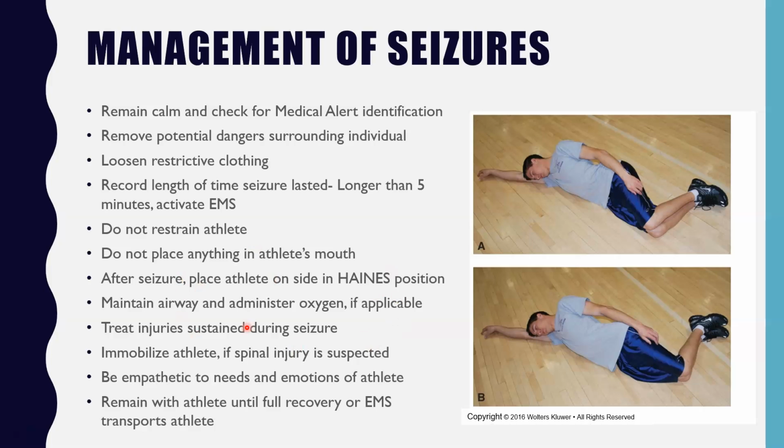Maintain the airway and administer oxygen if needed, and then treat any injuries associated with that. If the seizure were to occur in water, or the patient is pregnant or diabetic, then we're obviously going to alert EMS and transport that athlete there as well.